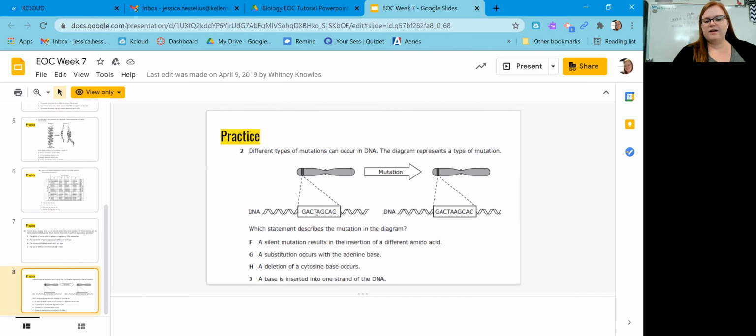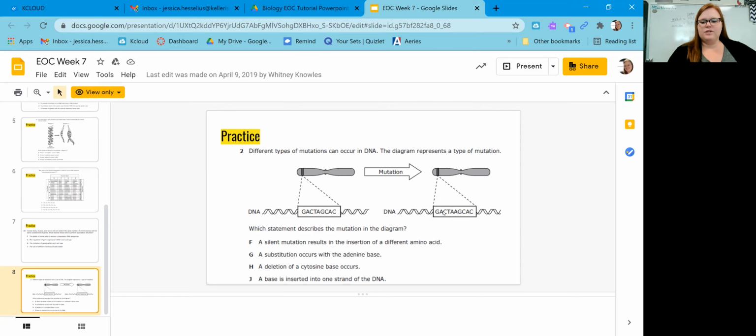So you have to compare these two sequences of DNA, GAC, TAG, CAC versus GAC, TAA, GCAC. If you count these, we have 1, 2, 3, 4, 5, 6, 7, 8, 9 bases.